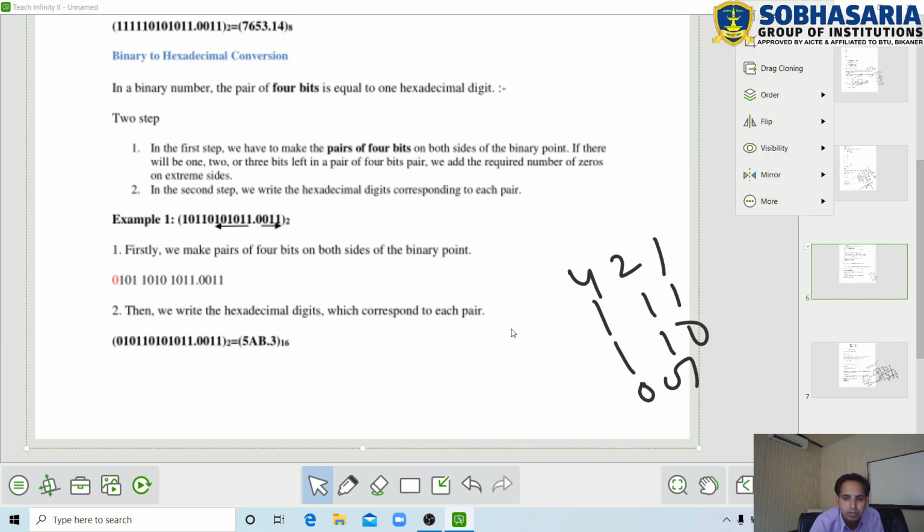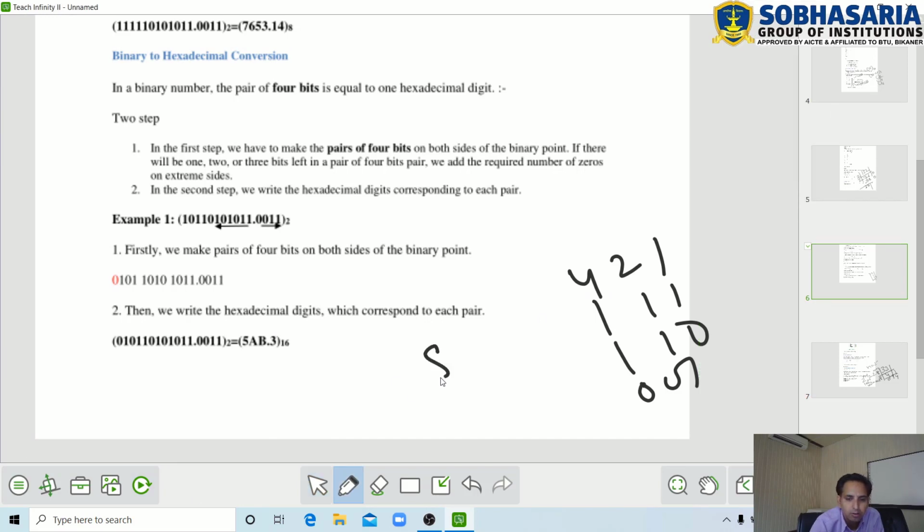Again, with the help of the 8421 code, 0101 means 4 plus 1, that means 5. So with the help of the 8421 code we can calculate the answer for this particular binary number.